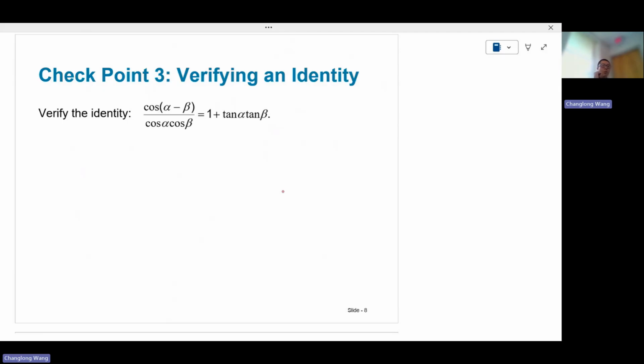You have at least 4 more, which are the cosine and sine of sum and difference. You're going to get 2 more for tangent, and a few more later on in this chapter. So again, to verify identities, we always have to pick a side, and you're going to pick the more complicated side to start with. In this case, it's the left-hand side.